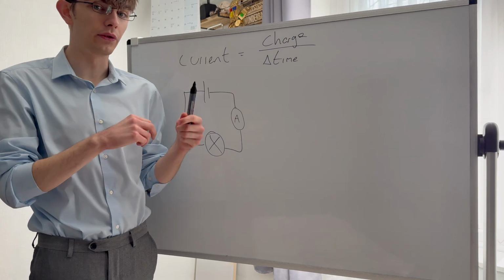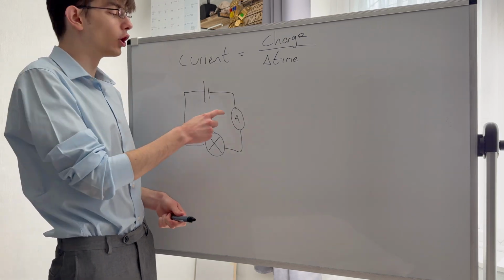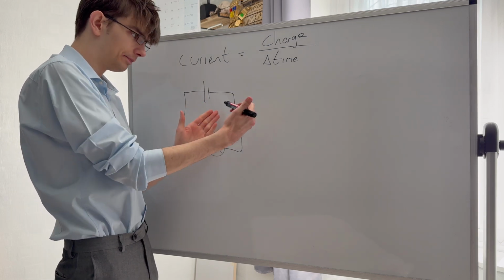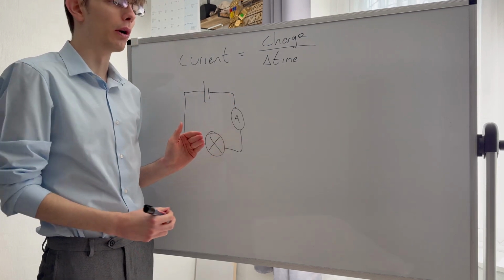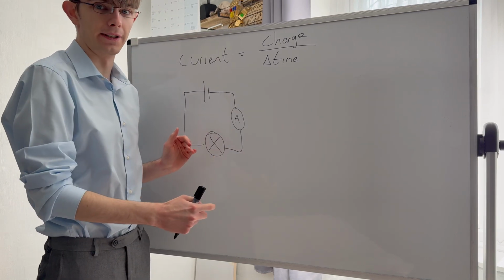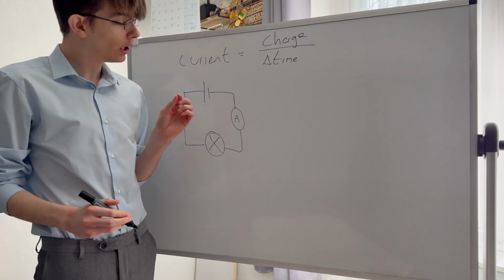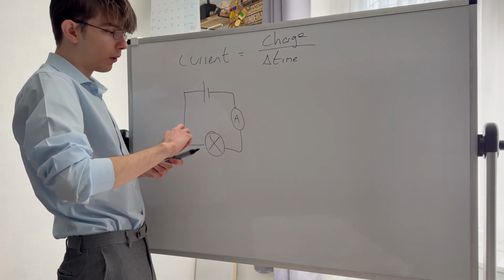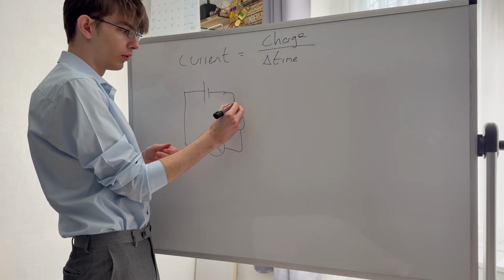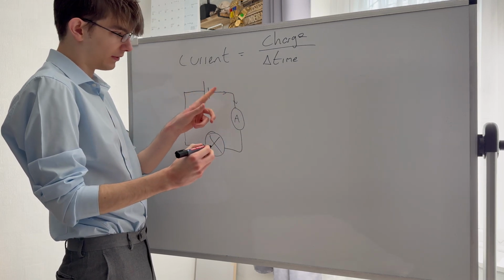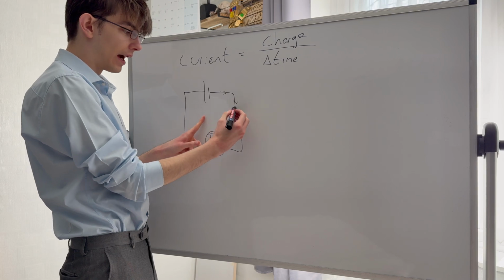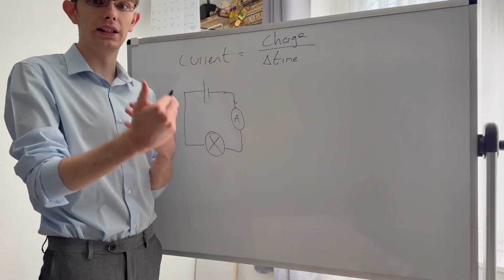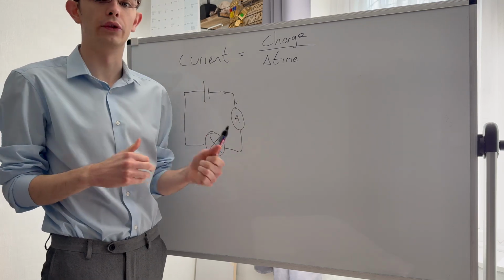And if you're already familiar with ammeters and voltmeters, you may know that ammeters sit in series like this. They go inside the wiring, whereas voltmeters sit on the outside. Now, I'm not going to talk about voltmeters here, but the reason that the ammeter sits on the inside of the wire is because when my electrons flow this way, not conventional, but this is the way that they really flow, and they enter my ammeter, I can count how many of them are passing me every second.